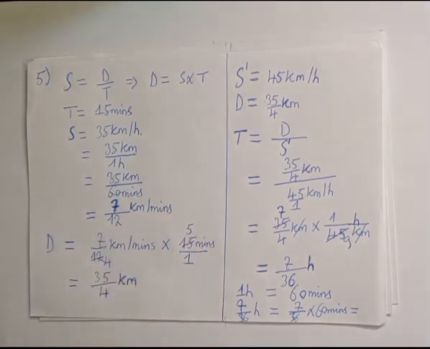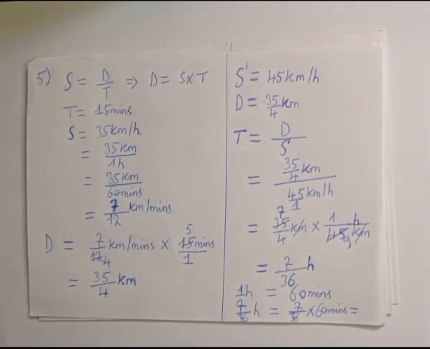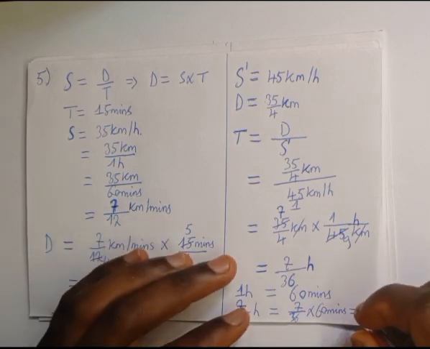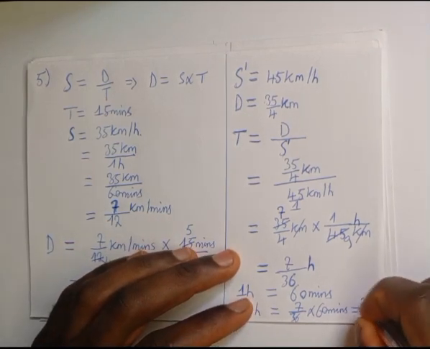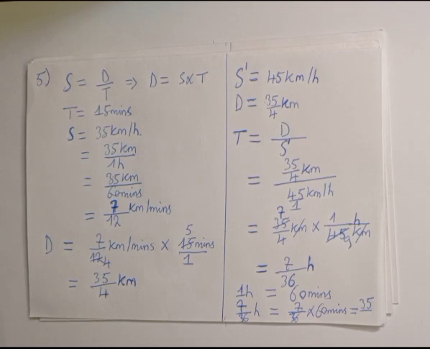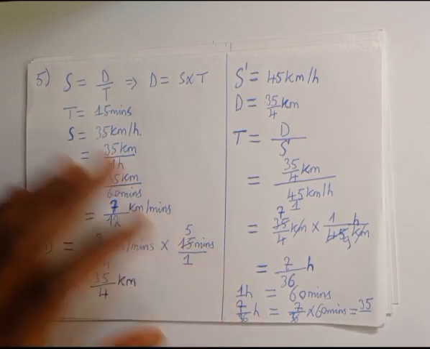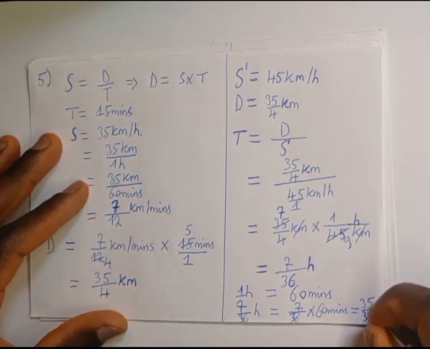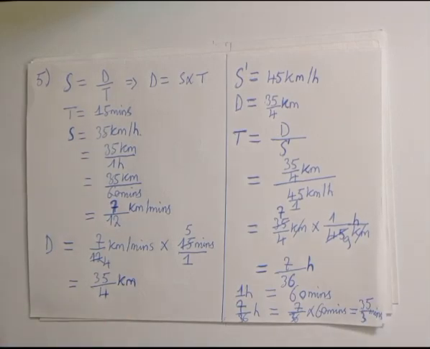And this will be equal to, performing all the necessary simplifications, the highest common factor of 36 and 60 is 12. 60 divided by 12 gives us 5. 5 times 7 gives 35 all over 36 divided by 12 gives us 3. So this will give us 35/3 minutes. So this is the time taken by D4 to drive from home to school.